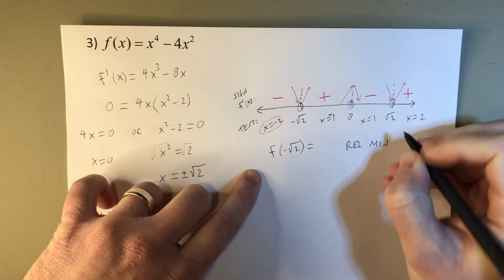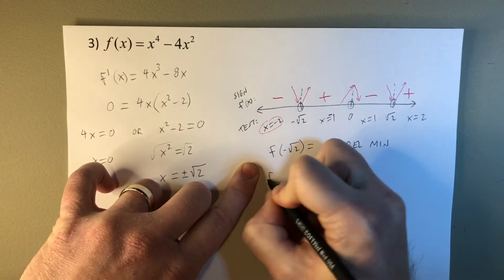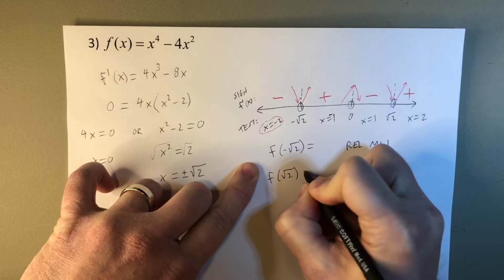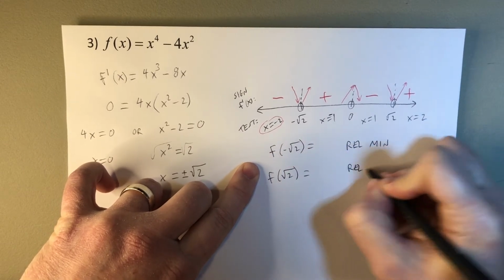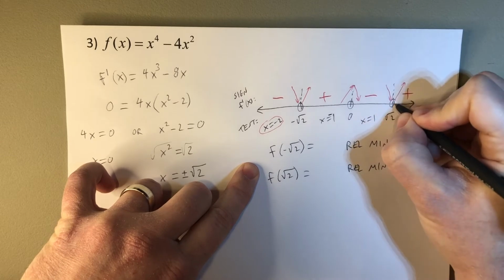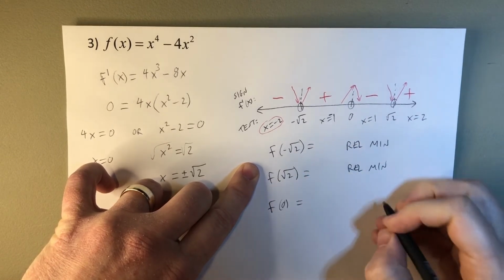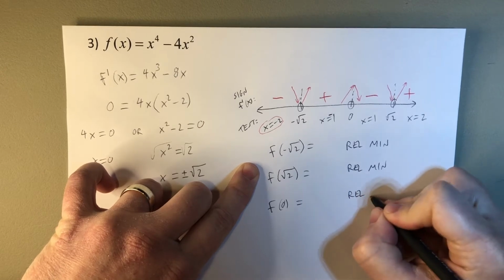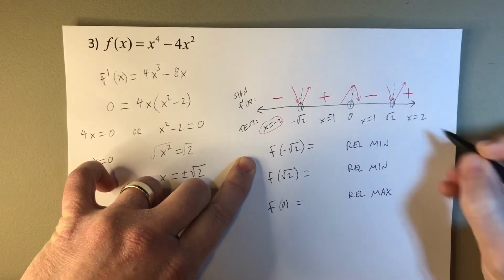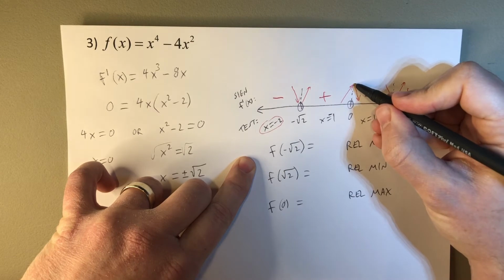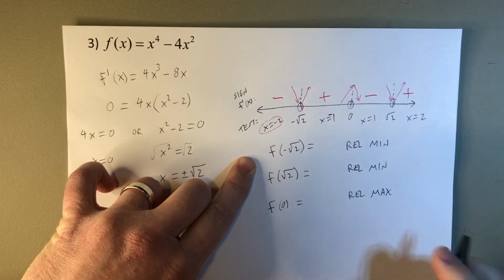Minimum, right? Okay. And then also f of positive radical 2 is going to be a relative minimum. Same reason, down, then up. And finally, f of 0 will be a relative what? Maximum, okay? Because you're going up first, down second through this critical number 0.